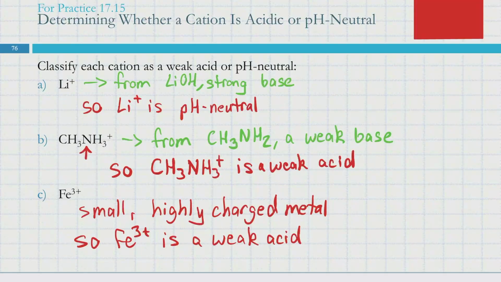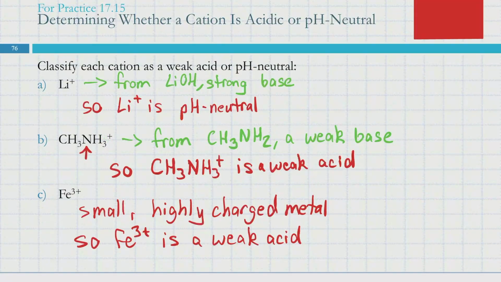Questions about any of those three? Another tell for A and B here. Lithium doesn't have any hydrogens to give off. It would have to accept an OH minus in order for it to have any sort of acid potential, whereas CH3NH3+ has some extra hydrogens possibly in there that's giving it this positive charge.